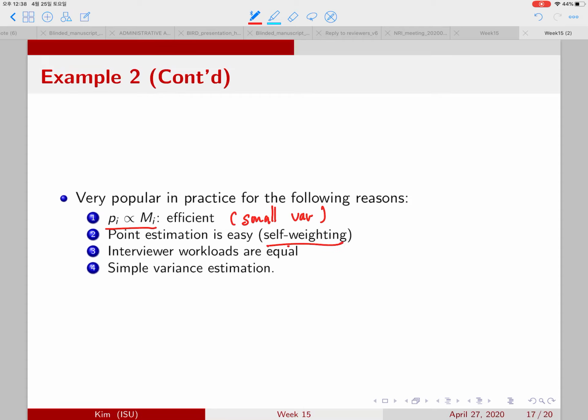Furthermore, if we give one sample cluster to each interviewer for a day's workload, then the choice of m_i equal to m makes the workload all equal, which is very convenient for survey operational purposes. And variance estimation is also very easy to compute.